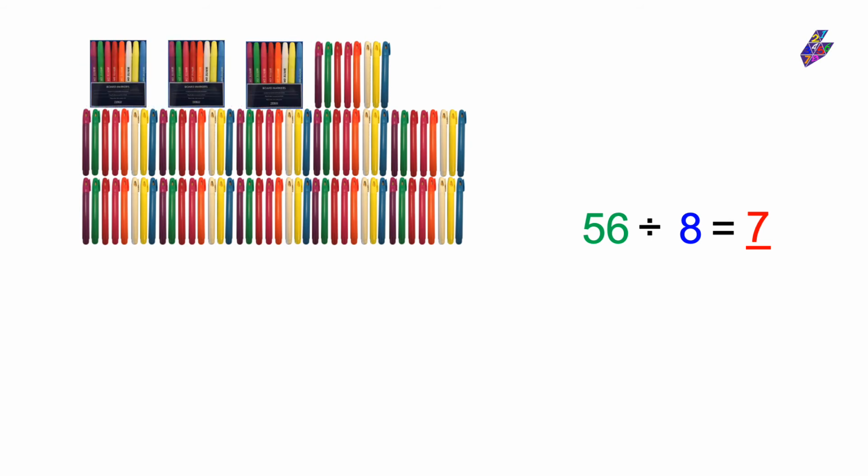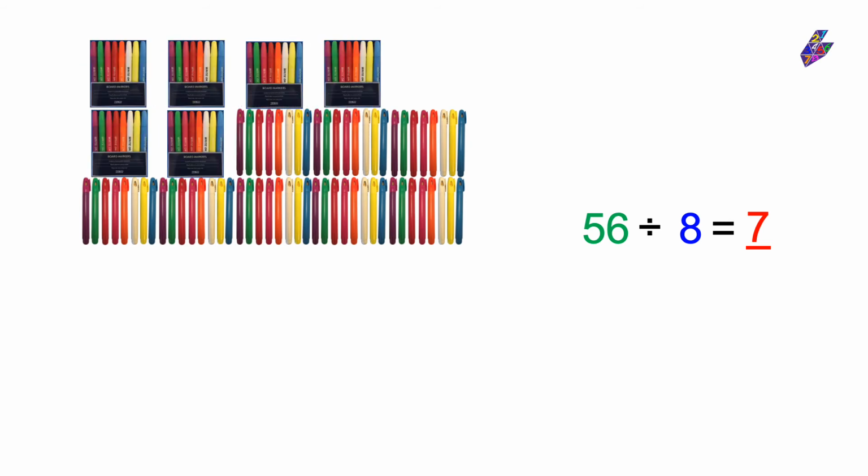You may have made a connection to previous problems that we already solved. The problem before involved 56 pens. When these were packed into groups of 8, this produced 7 packs. You may have noticed that 112, the number of pens we have here, is double the number of pens we had before.